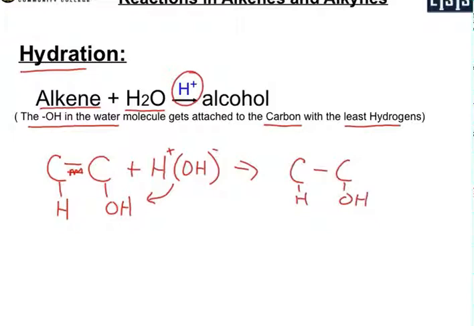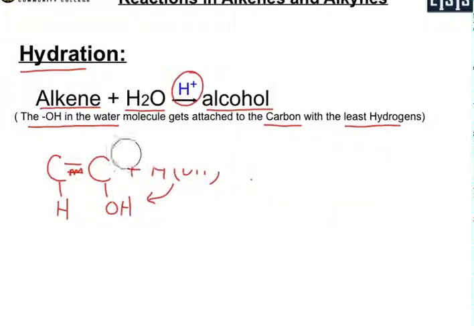When you have a carbon organic molecule with an OH group on it, that's an alcohol. You'll learn more about that in the next chapter in our Chem 106 course here. But you're forming an alcohol because of the OH on a carbon. So let's do an example, and I'll go through how you pick this carbon with the least hydrogens.